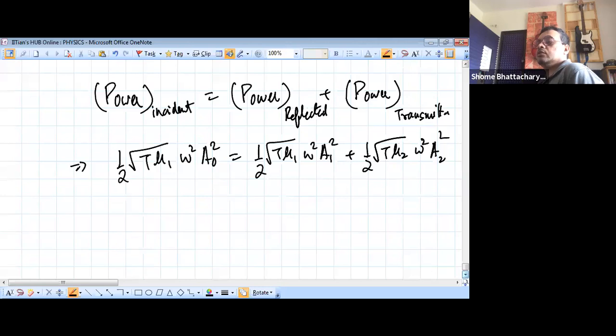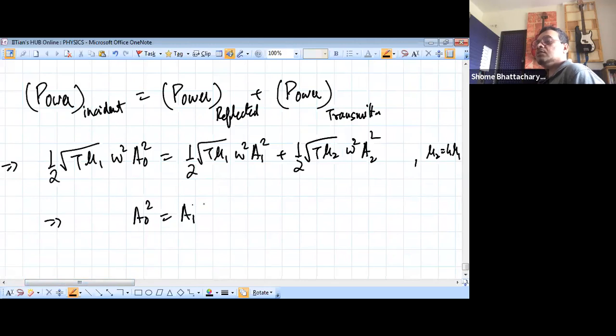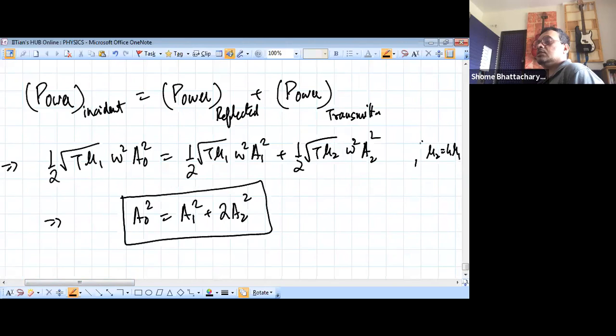Now you know that mu2 is, sorry, mu2 is 4 times mu1. So this equation will just convert to A naught square is equal to A1 square plus 2 A2 square in this particular case, because of this. So this is my equation 1.